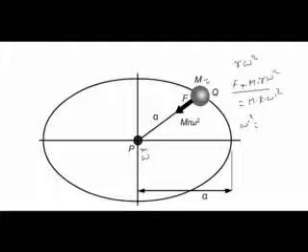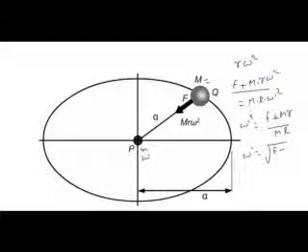From here we can get the value of omega dash square, which will be equal to F plus M r omega square by M capital R, or omega dash is root under F plus M r omega square by M into capital R.